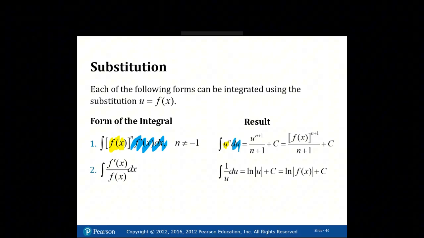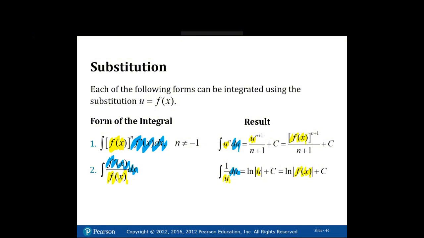So then when I do this, blue, again, that's my du, and then my u is the yellow, it's that f of x, and that gives me ln of f of x, right?